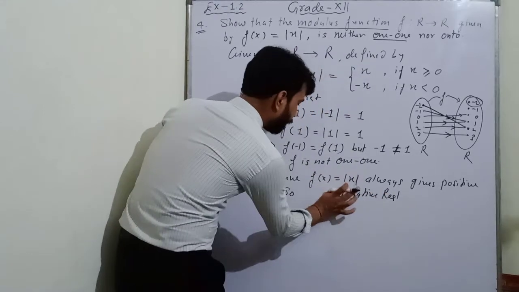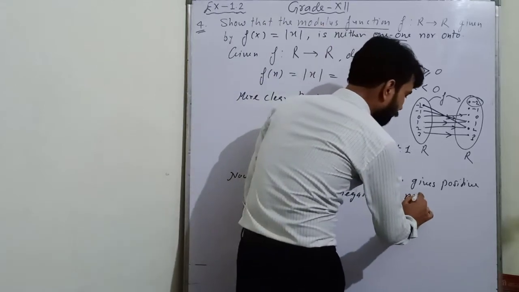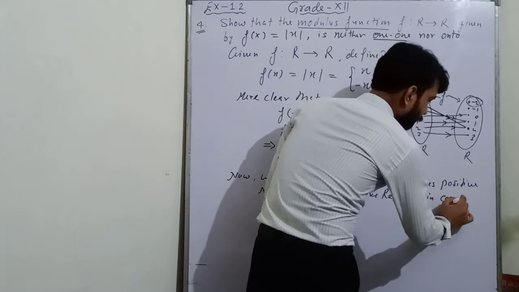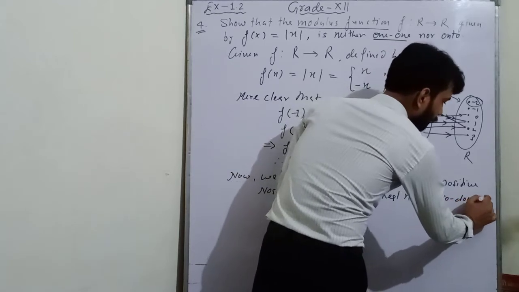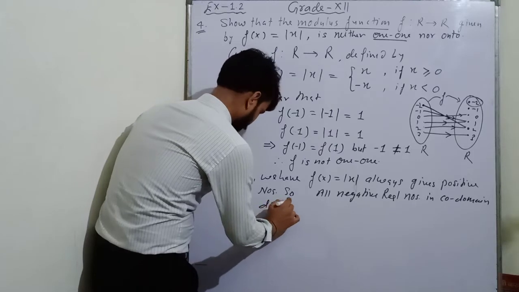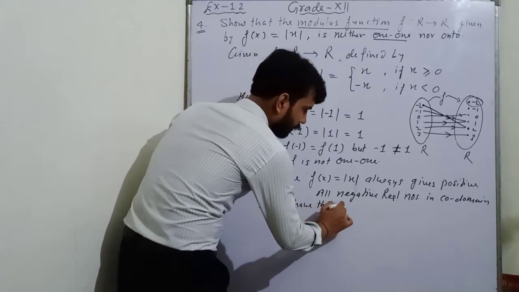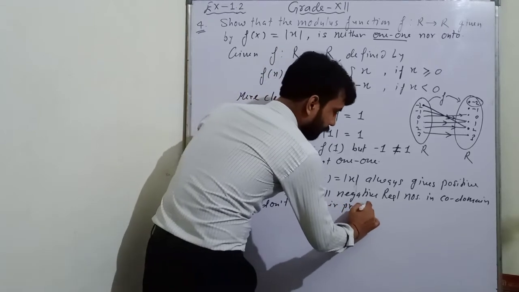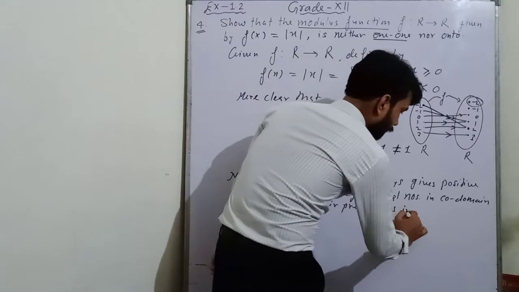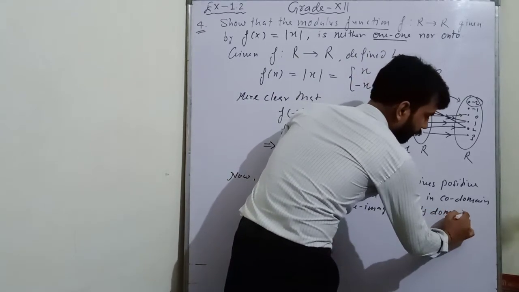So all negative real numbers in codomain don't have their pre-images in its domain.